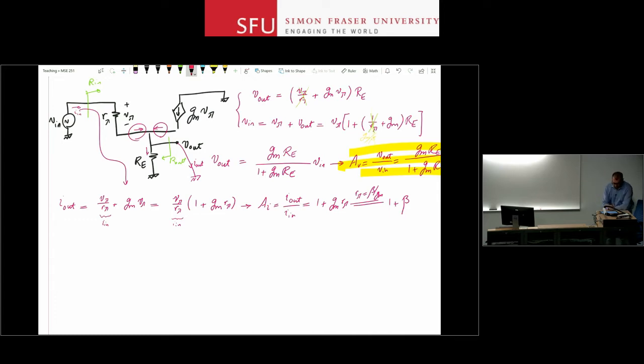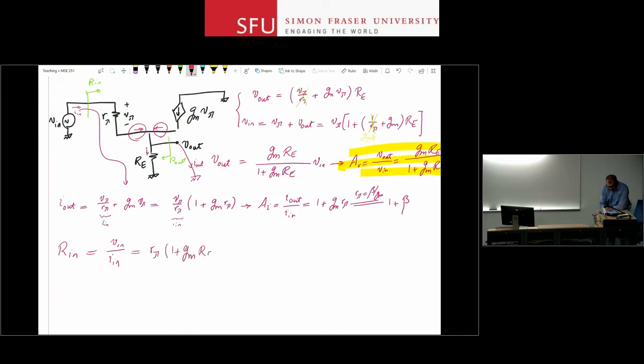What I'm trying to do here is to basically reuse the information from the past. If you go back to your calculations for common emitter, you can show that V in over I in for this circuit is going to be R pi times 1 plus GMRE.